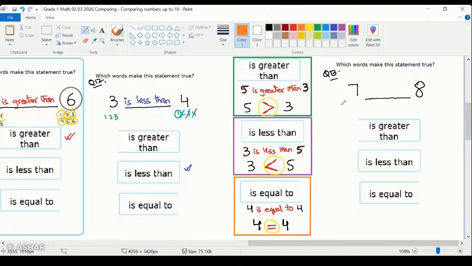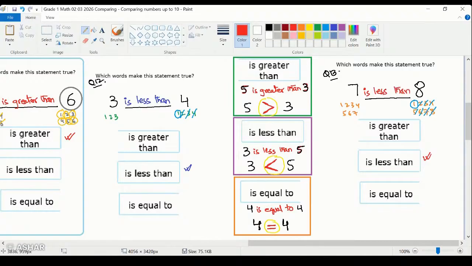If these are 1, 2, 3, 4, 5, 6, and 7 numbers, and these are 1, 2, 3, 4, 6, 7, 8 numbers. So if we try to remove 7 numbers from here, we're still left with 1, right? So we can say 7 is less than 8. Perfect.